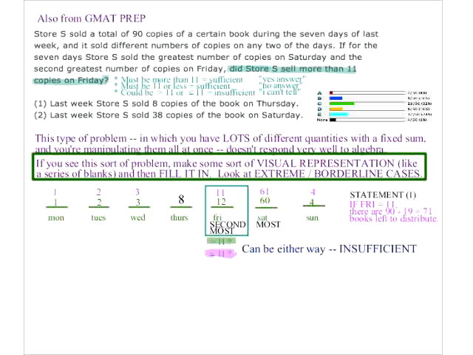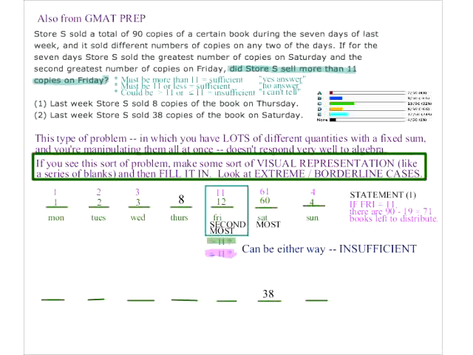All right, now let's try statement 2 and see how this winds up. Monday, Tuesday, Wednesday, Thursday, Friday, Saturday, Sunday. Now we have to have 38 books on Saturday. So that's 38, and that's still the most.